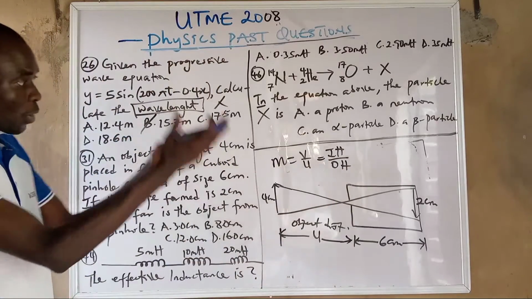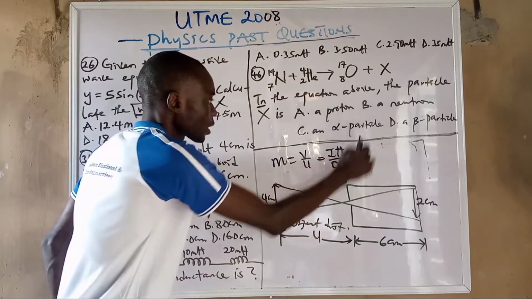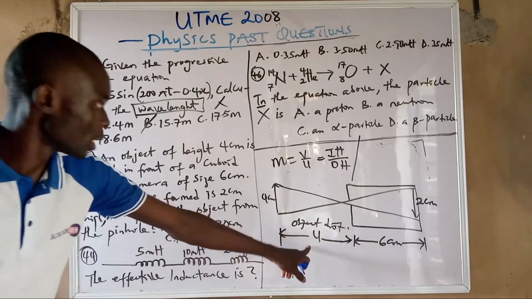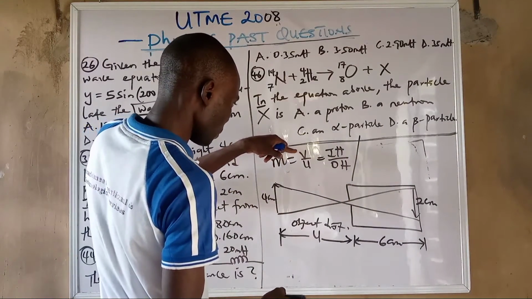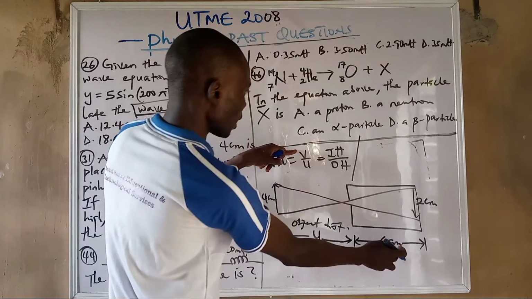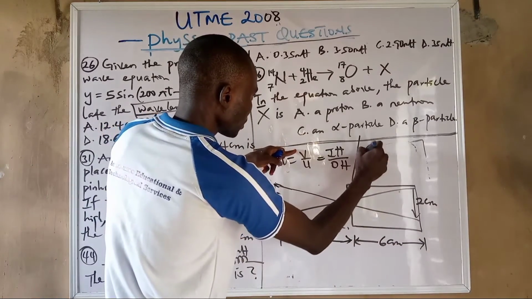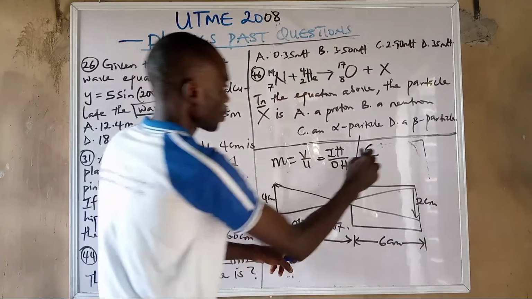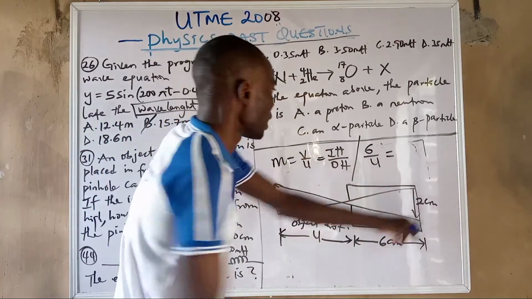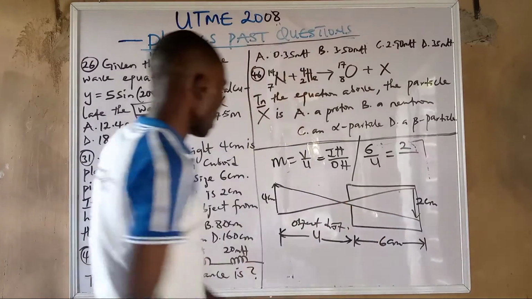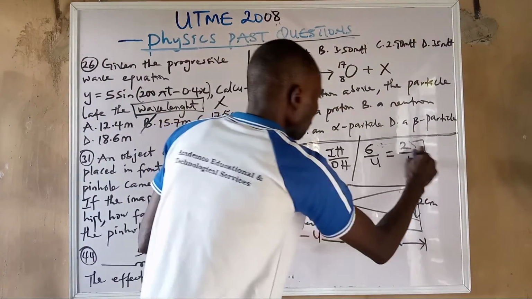So putting these four variables together, we can calculate the object distance. Image distance is 6, the length of the camera, so 6 over object distance equals image height 2 over object height 4.